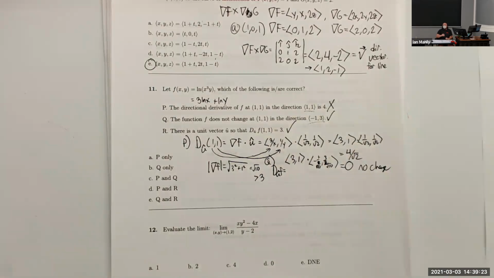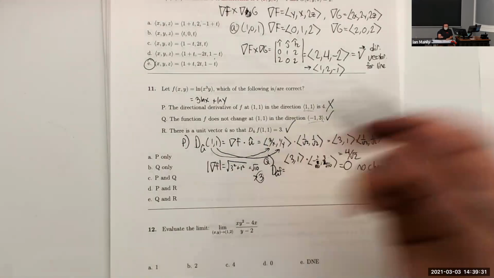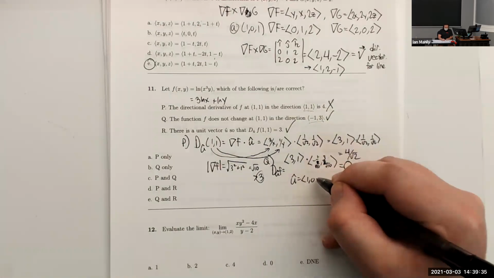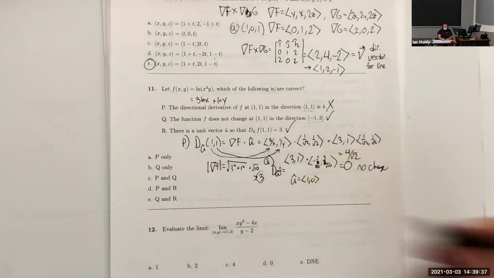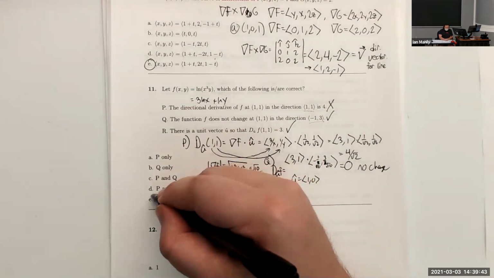So you should be able to hit all of the rates of change in between from negative root 10 to root 10, meaning you're going to be able to hit 3 in there. Or you could have found that the direction you had is 1, 0. Yeah, that was pretty clever. So that specifically will give you a magnitude of 3. But it looks like Q and R are going to be correct here.